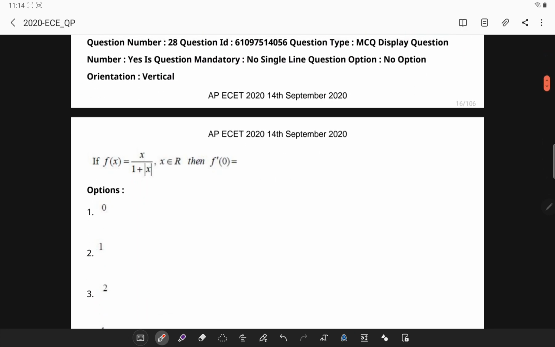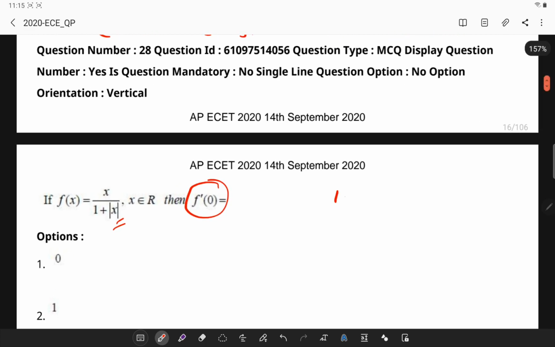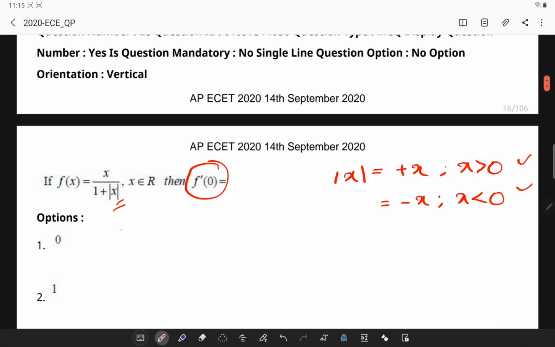Next we have a question to calculate the f dash x. However, we have mod x here. So the definition of mod x is plus x when x is greater than 0 and minus x when x is less than 0. So we have to take both the conditions in this differentiation.